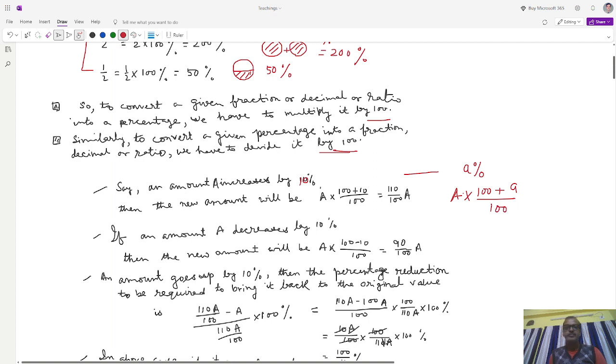Okay. Similarly, if it decreases, then the plus sign will be a minus sign. So what will we get? A into 100 minus A by 100, right? If A is 10%, then the value will be A into 100 minus 10 by 100, which is equal to 90 by 100 into A.